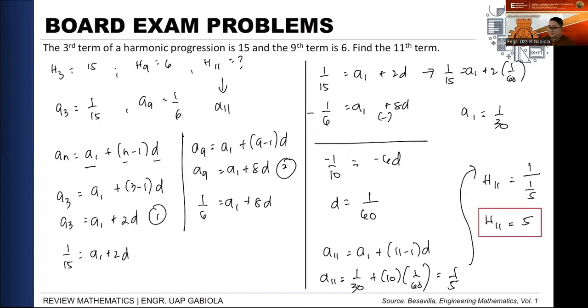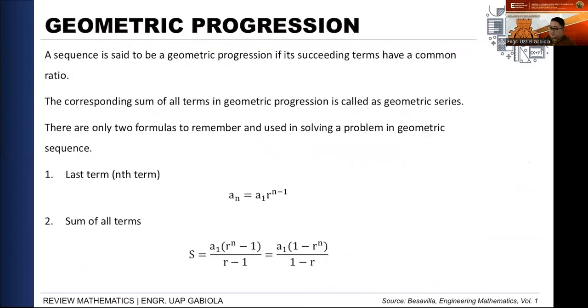Okay. Next is yung geometric progression. So, napahapyawan ko na kanina, as long as yung quotient, if the succeeding terms have common ratio. So, kapag meron tayong A1, A2, A3, and A4, dapat si A2/A1 equal siya sa A3/A2.